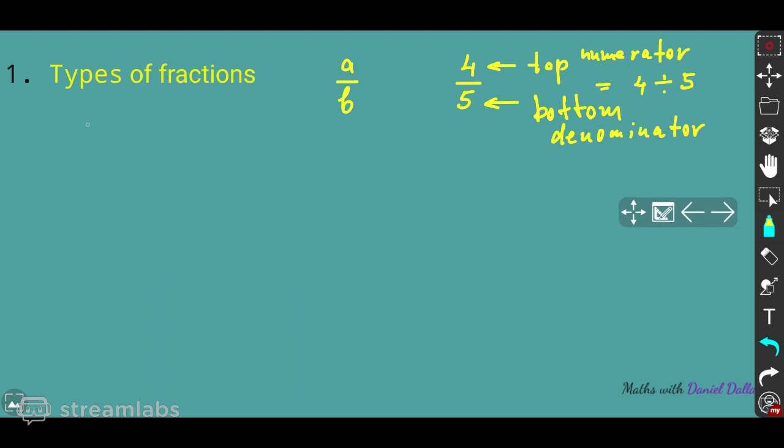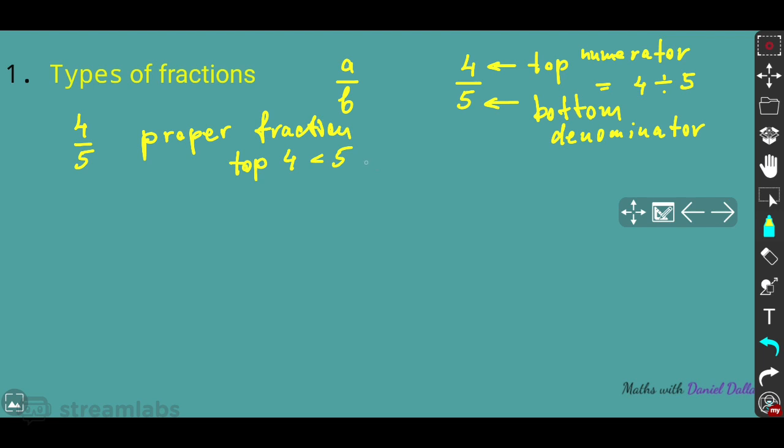For example, in this case, 4/5, we have a normal, or what is called a proper fraction. It means that the top is less than the bottom. As you can see here, 4 is less than 5. And this is a normal fraction.